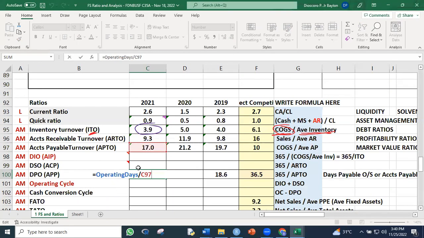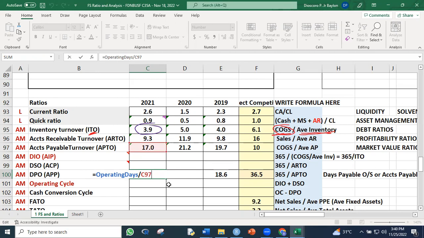So it's operating days divided by C97, which is your APTO, 17. So in effect, the number of times is being converted into the number of days. If you're doing it 17 times a year, what is the interval between days? You just divide 365 days per year by the number of times you're doing it.